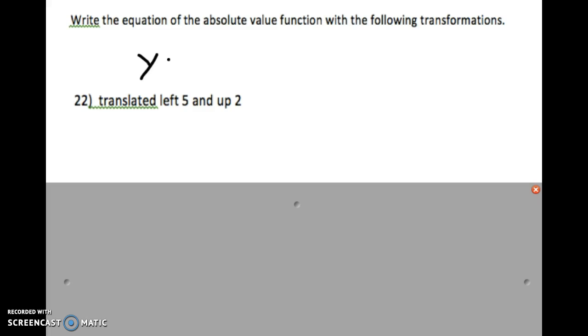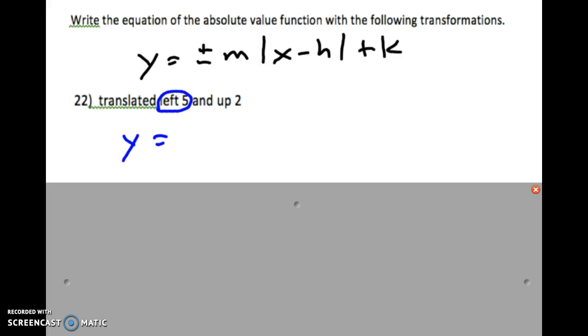So real quick, let's fill that in again. Plus or minus the m, x minus the h, and plus k. So let's take a look at 21. All right, so we're translating, going to the left 5. So that means inside the absolute value, remember, opposite sign.